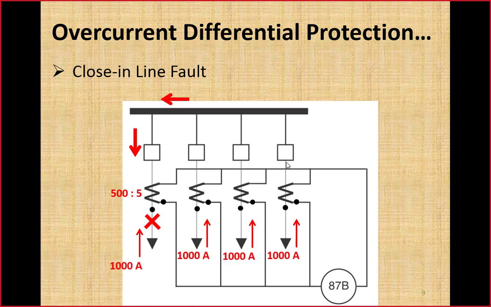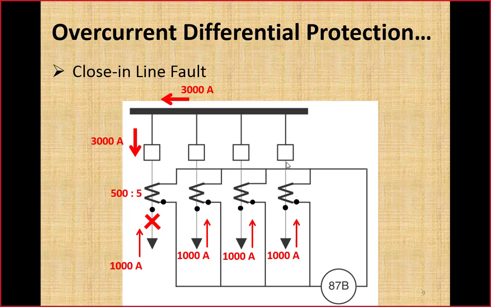Now let's assign the fault currents in each circuit. Because the fault location and the bus are very close to each other, the level of fault is the same everywhere. But due to this close-in external fault, look at this contribution, that is from the bus towards the fault.